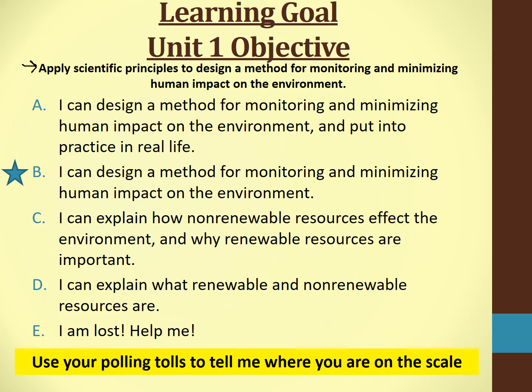We want you to be able to apply scientific principles to design a method for monitoring and minimizing human impact on the environment. I know, lots of big words in there, but we are just going to be learning how to be aware of how humans can impact the earth and the environment around us.